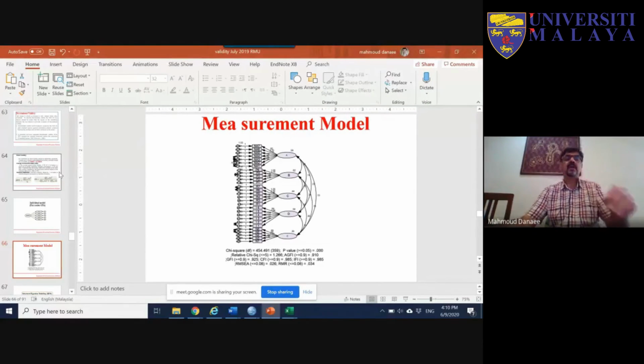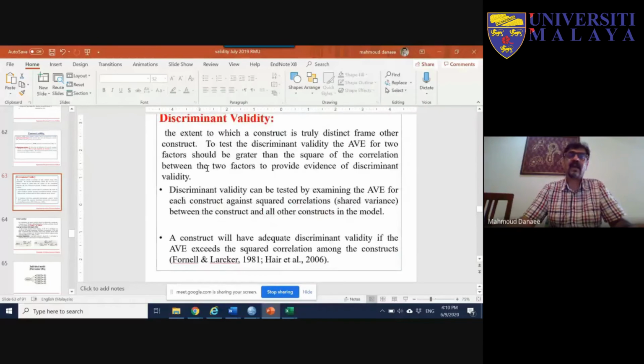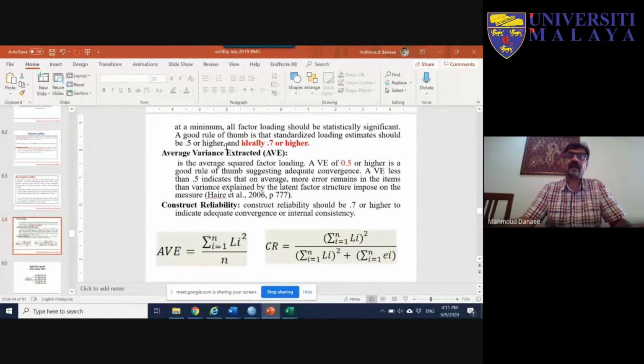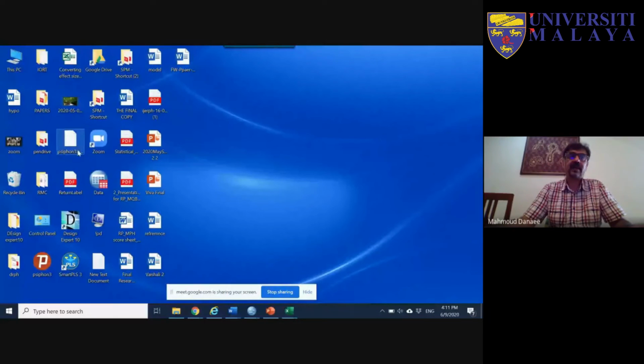But back to some terms that you need to understand: the loading factors first, and AVE, average variance extracted. So let me show you by running a sample under PLS.